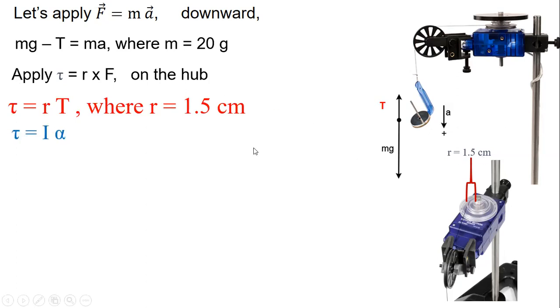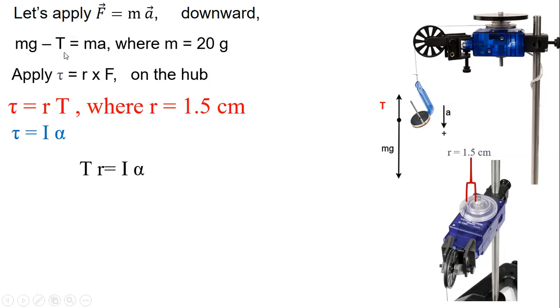Also, we know that the torque is I times alpha. I is the rotational inertia, alpha is the angular acceleration. Now these two expressions are equal to each other, right? So we can set these two equal and simplify. The tension times r is equal to the rotational inertia times the angular acceleration. Also, I know T a little better, right?